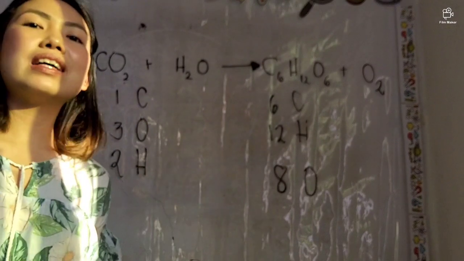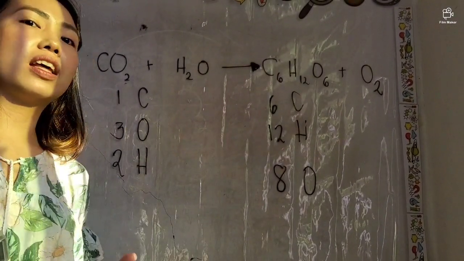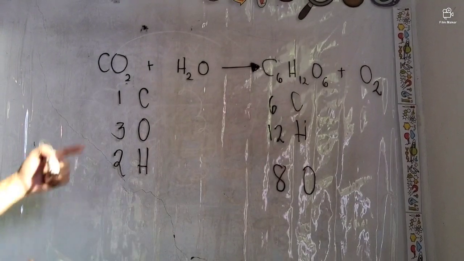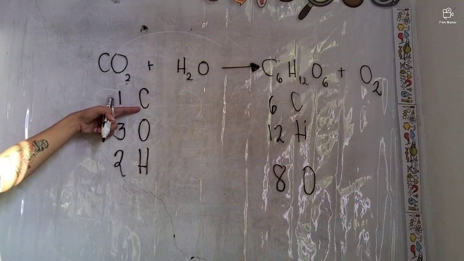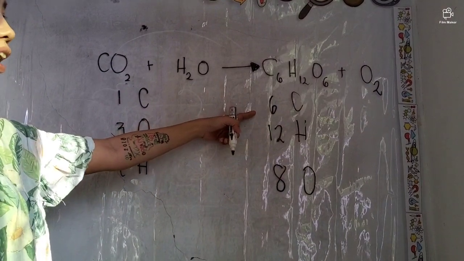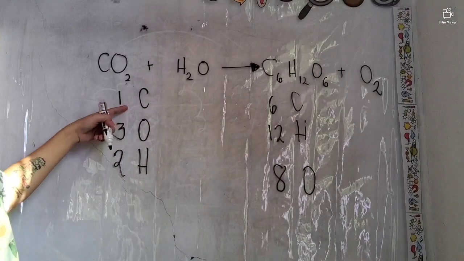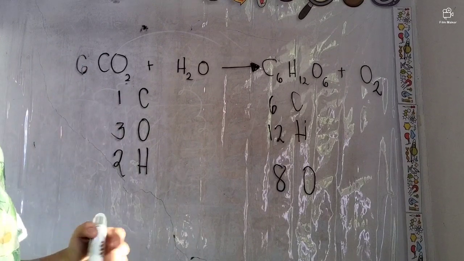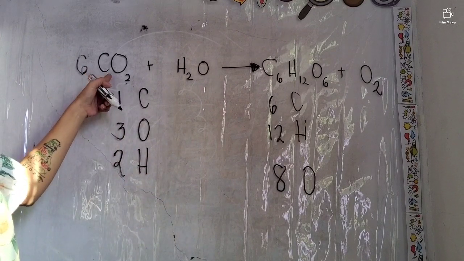So, para maging balanse ang equation natin, lalagyan natin ng number dun sa base. So, kung dito, ang carbon natin is 6, kailangan 6 sila pareho. So, try natin lagyan dito ng 6. So, we have 6 times 1.